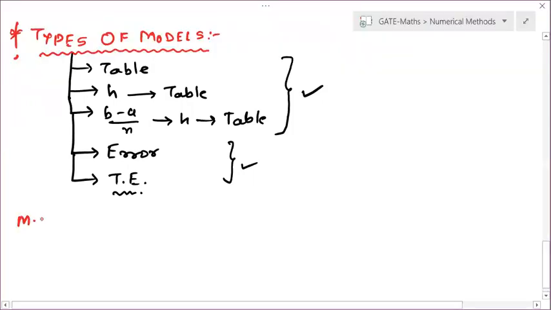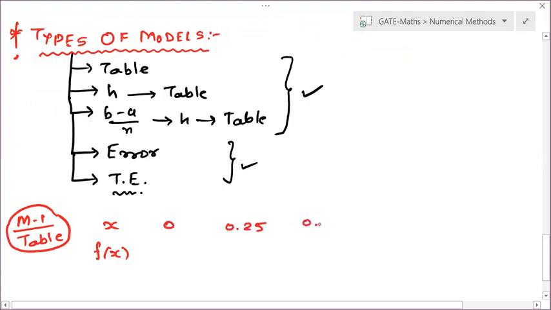Model number 1, when they are going to give you a table. Let me give you this table. They will give you x and f of x like this, where x is 0, 0.25, 0.5, 0.75, and 1. For 0, f of x is 1.